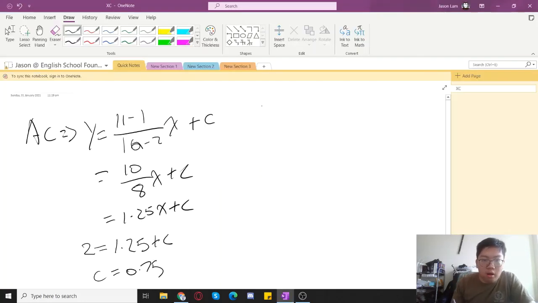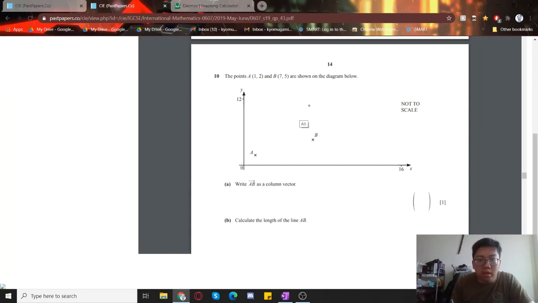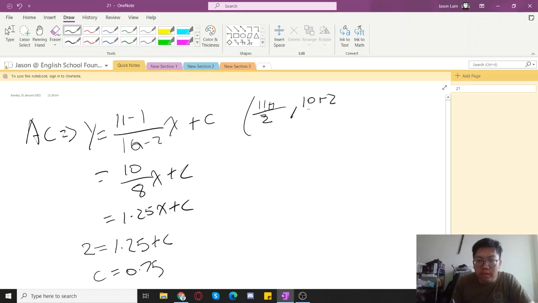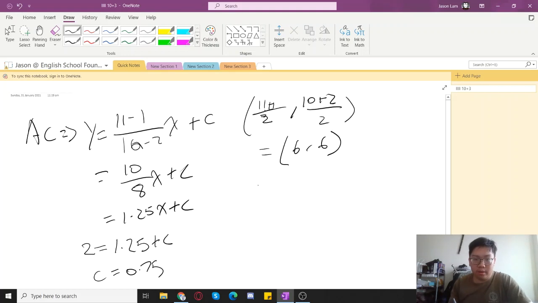So 11 plus 1 over 2, and what's the other one? 10 plus 2 over 2, which is equal to 6. So that's a midpoint, right? So now we can find the normal to the perpendicular bisector of this.